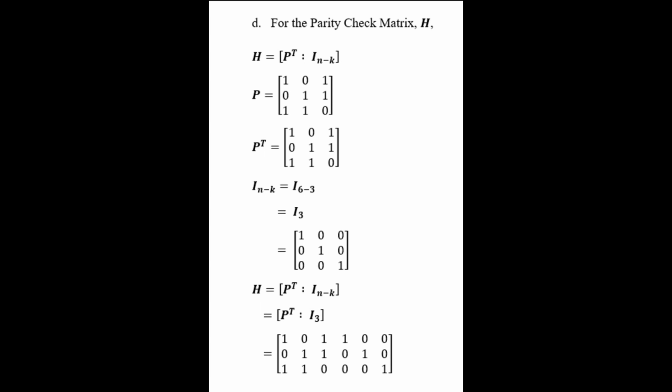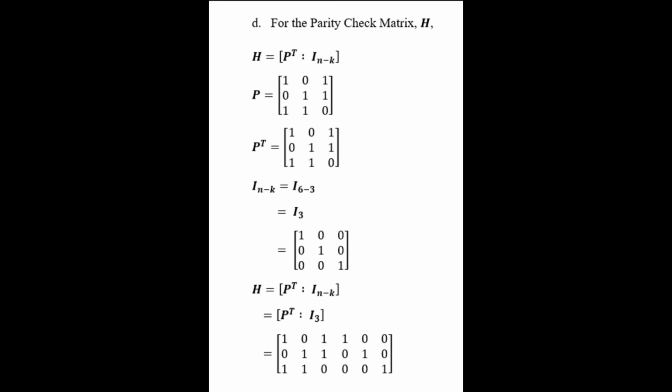The transpose of P is obtained by changing the rows of P to the columns of P transpose and the columns of P to the rows. Hence, P transpose equals 101, 011, 110, which is identical to P.